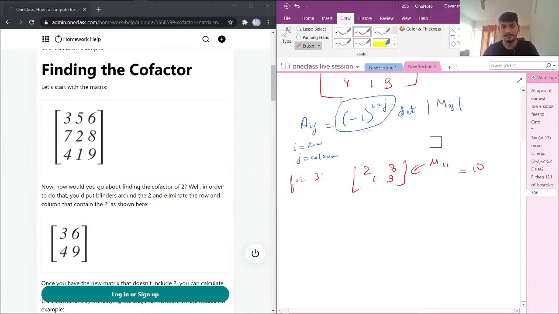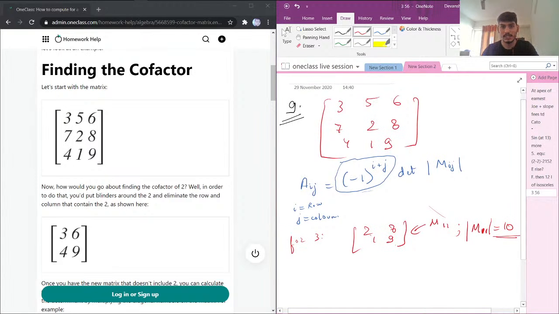So instead of this I can just write it with the sign, equal to 10. So we get this 10, and again we are going to calculate the cofactor for 5. 5 lies in the second column and first row.